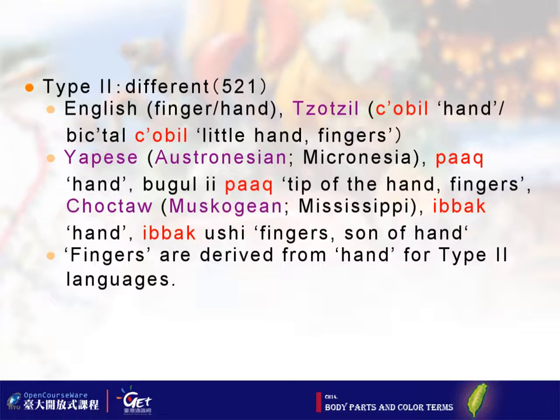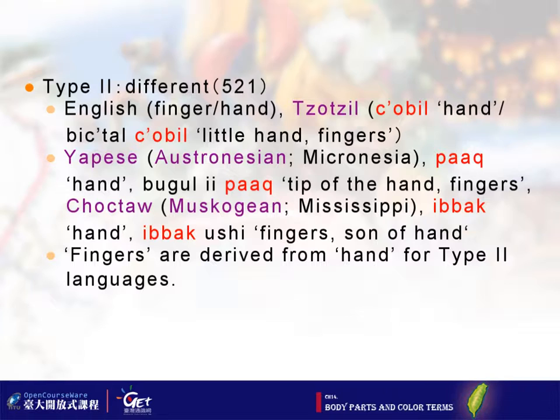So you add a second word to form a new word. Same thing with the Yapese language in Micronesia. Hand is pak, but the finger refers to the tip of the hand, so it's a form with the base pak. In Choctaw, hand is ibak, but finger is ibak ushi, meaning son of hand, or little son of the hand.